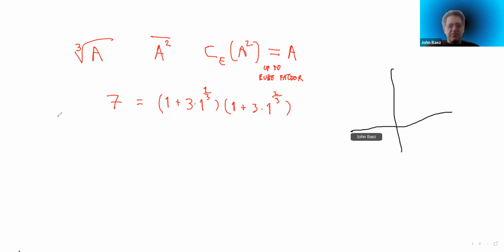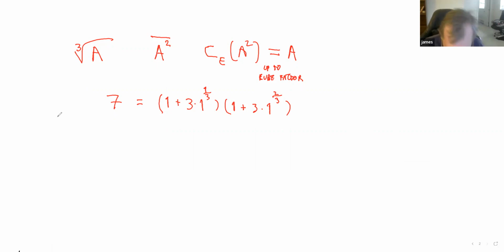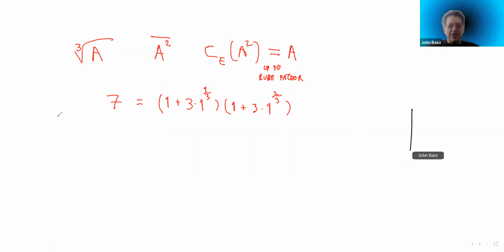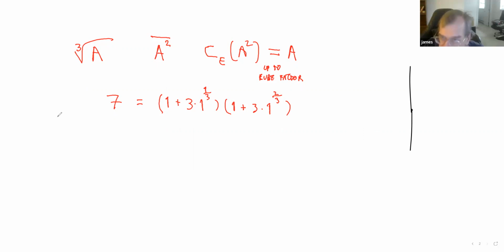It takes a while to get lined up here. Oh, there's also a time lag. I'm going to turn off my image because it's really hard to draw. Okay, let's try that. So it's a little bit better.